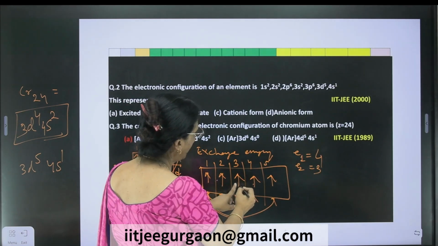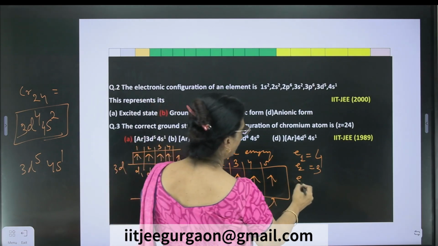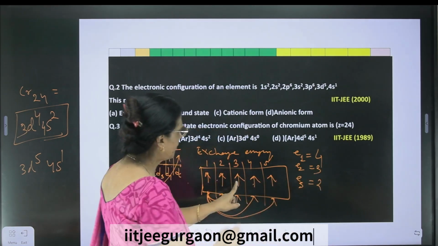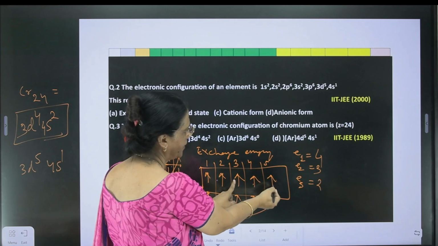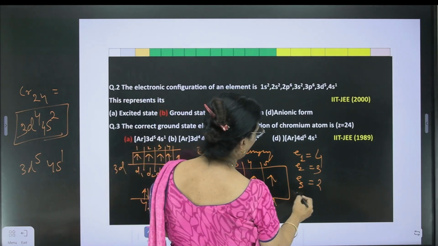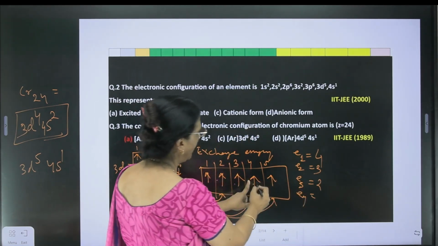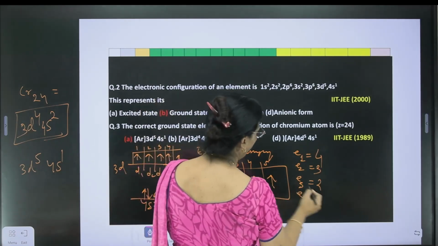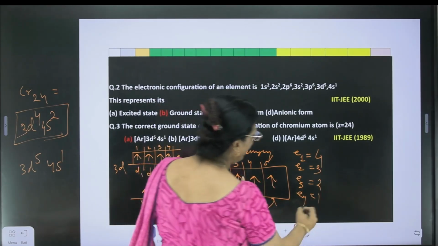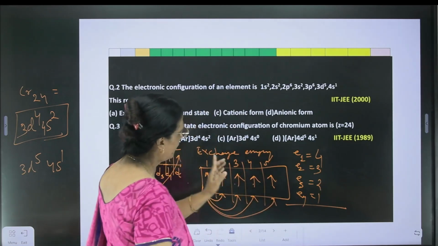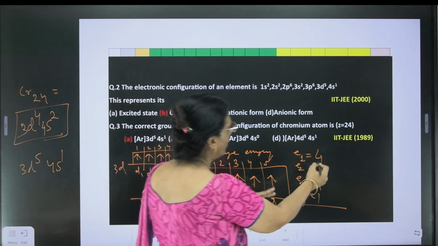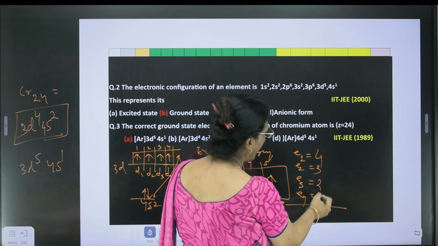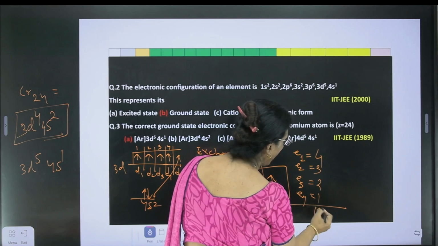Electron 3 has 2 options, it can exchange with this and this. Then electron 4 has only 1 option, with electron 5. Now, the total number of exchanges is 4, 3, 7, 9 plus 1, that is 10 exchanges.